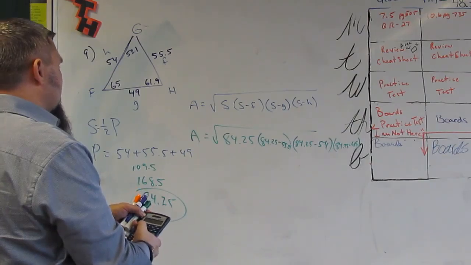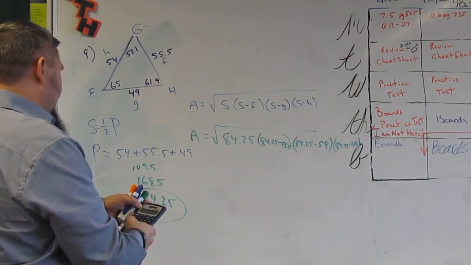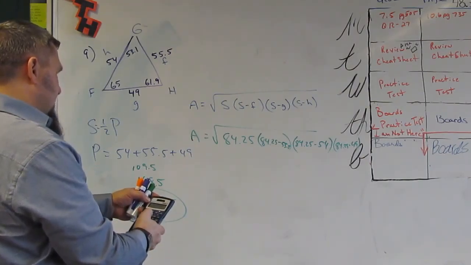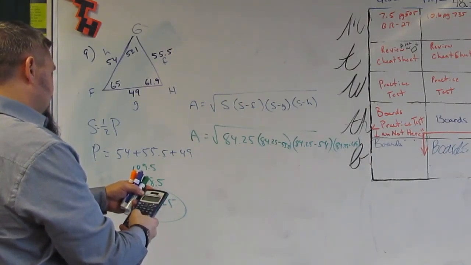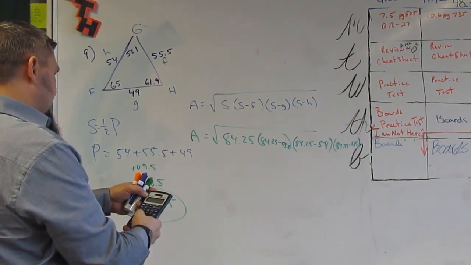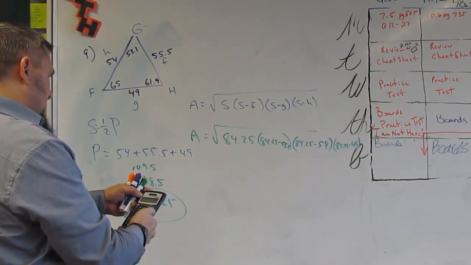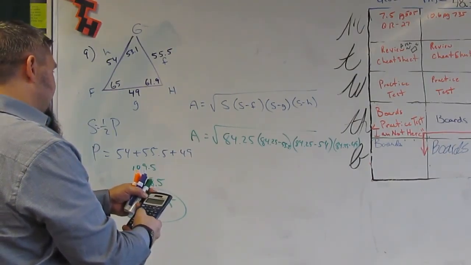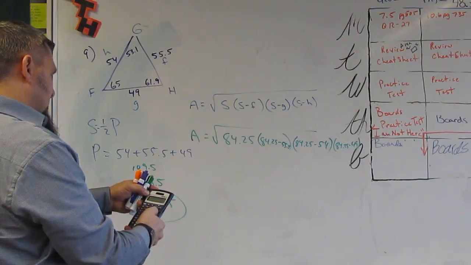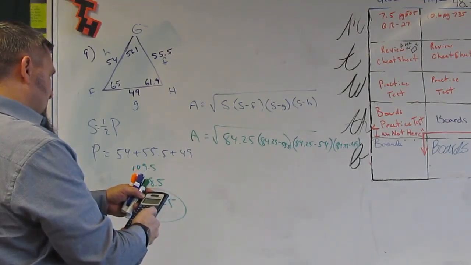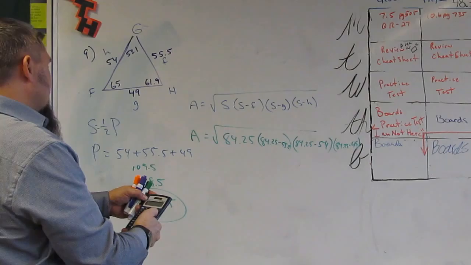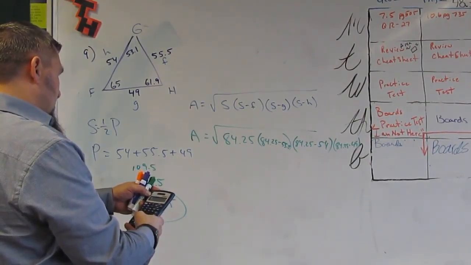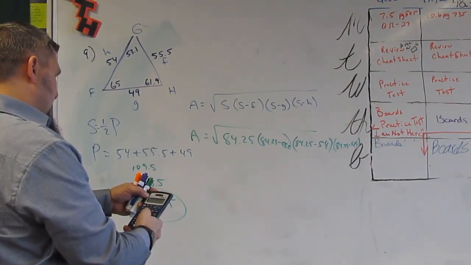Alright, so clear, second key, square root, 84.25 times parentheses 84.25 minus 55.5, times 84.25 minus 54, times 84.25 minus 49.